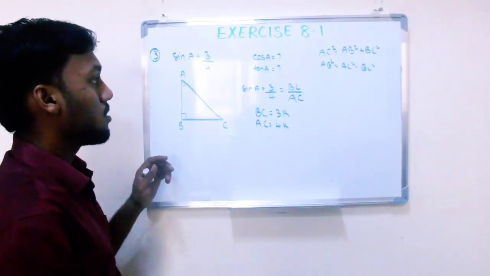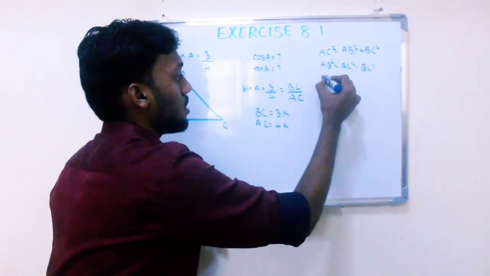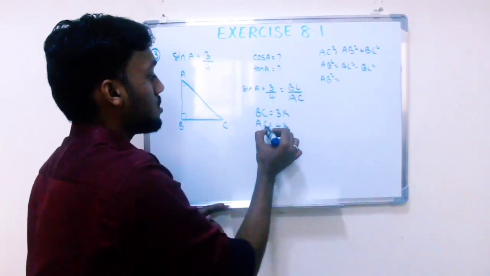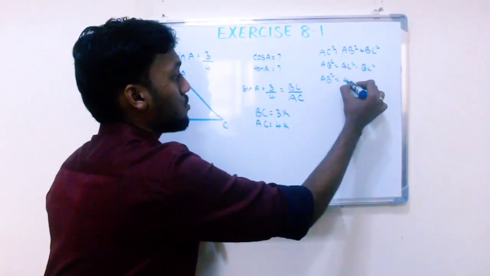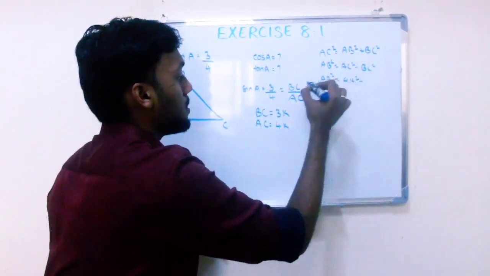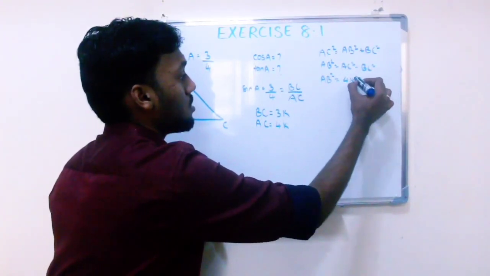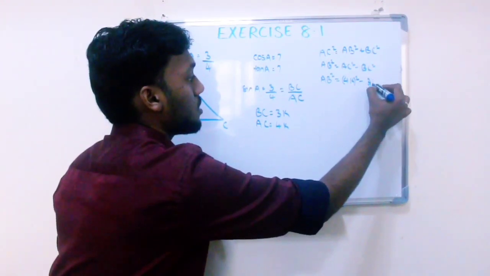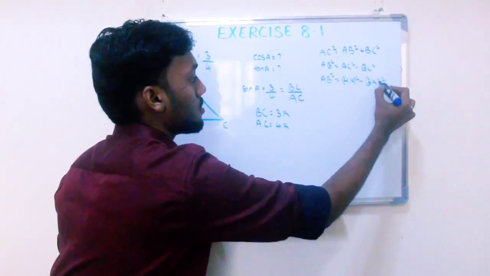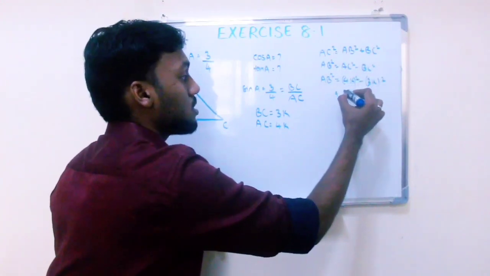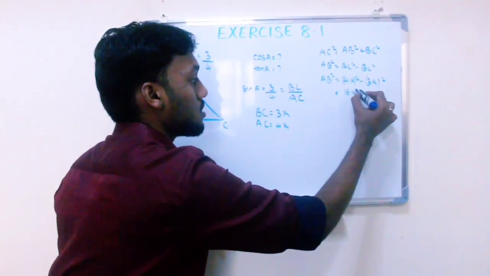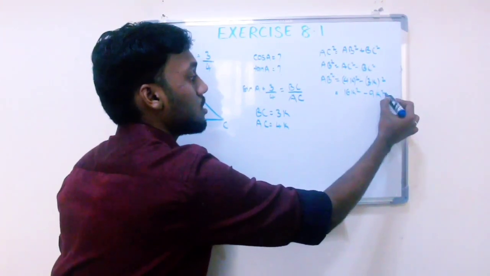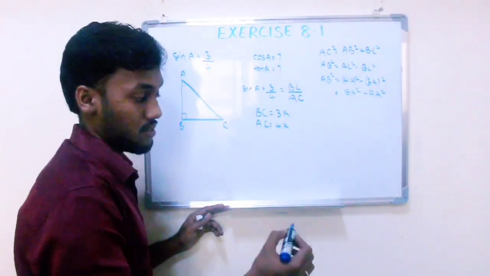Let's calculate AB first. AB square, AC is given, that is 4K whole square minus BC square, which is 3K whole square. Now what is 4K whole square? That is 16K square. 3K whole square is 9K square. 16 minus 9, what is it? 7.